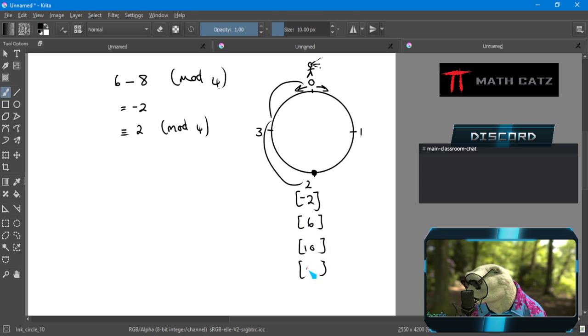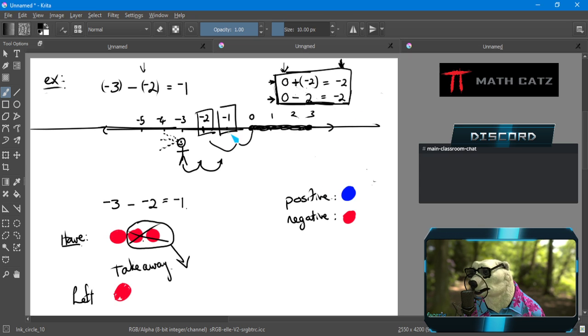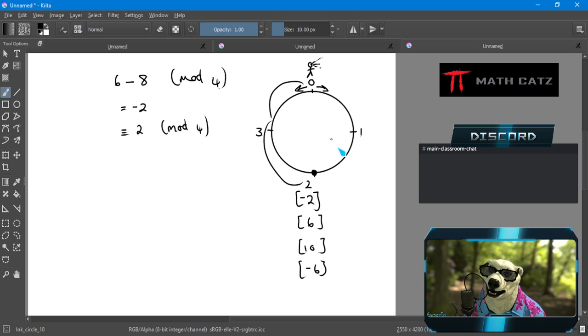It's equivalent to -6. Is that right? Yes, -6. Because as soon as I make a loop of 4 on the number line, I've traveled 4 steps in either direction. So every fourth position on the number line, when I have this looping onto itself property, they're all the same position. They're different on the number line, but not in the circle. So they're all represented by this 2. It's representing all of these numbers. They're all equivalent in this arithmetic.